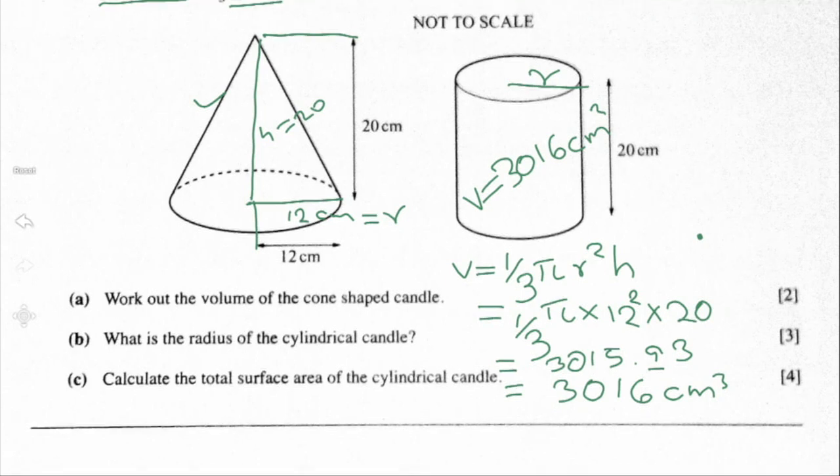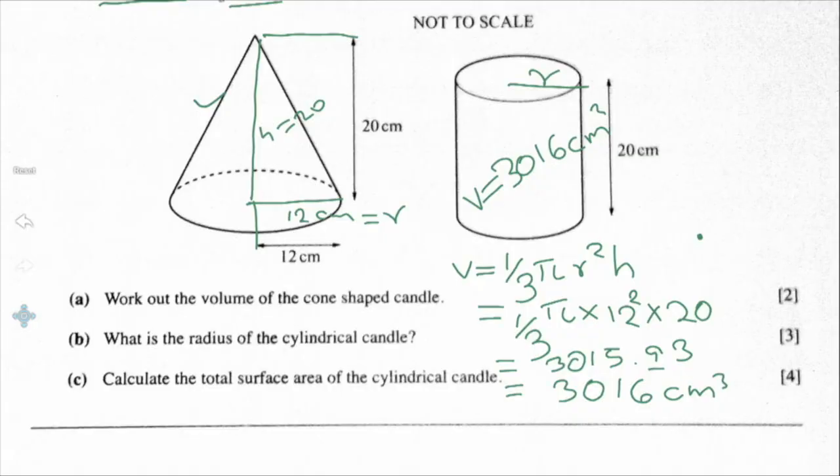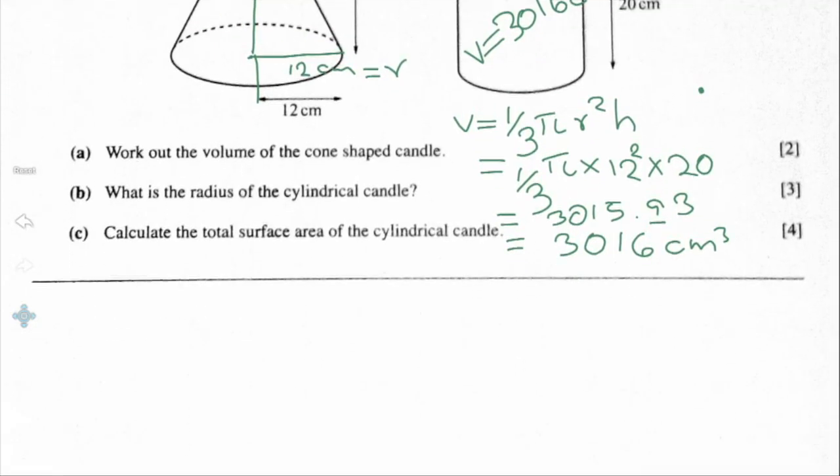Then now, given the volume of the cylinder, how can we get the radius? Here, you have to recall the equation for finding the volume of a cylinder. If you remember very well, volume of a cylinder V is equal to pi r squared h there.